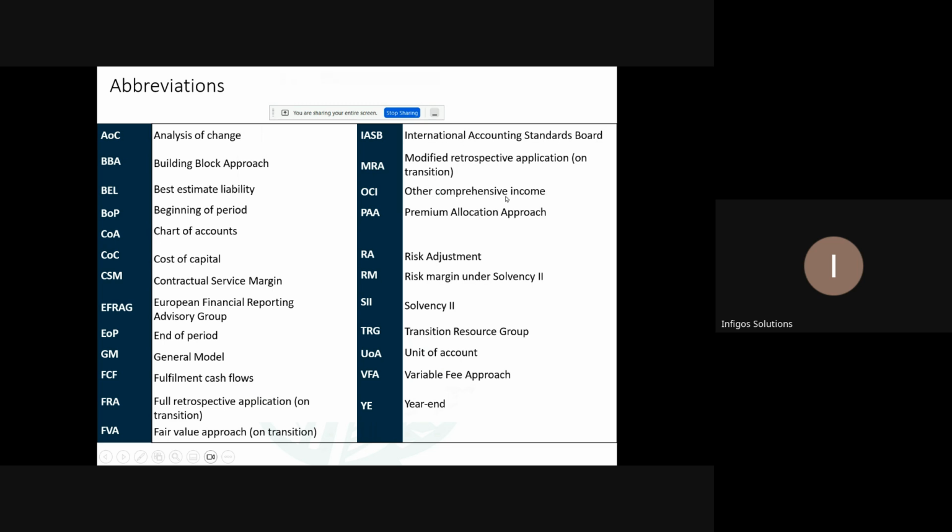Then other comprehensive income is related with the profit and loss statement. And PAA is one of the approaches. Risk adjustment is a bonus for carrying the risk. Risk margin comes from Solvency II. Solvency II is the risk management standard, like you have Basel in banking.